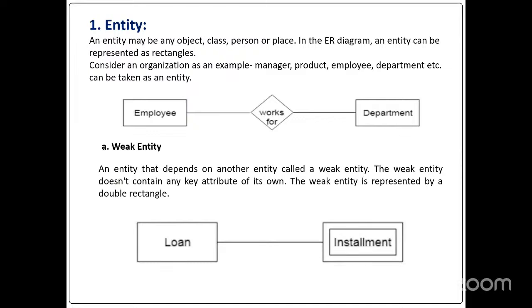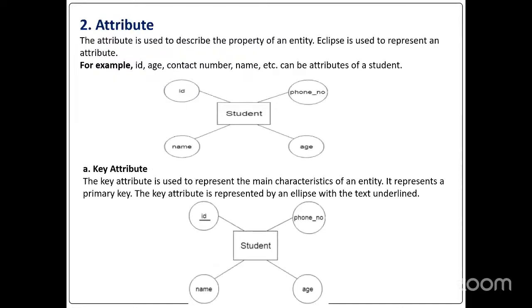Weak entity is one which is dependent on another entity, and it doesn't contain any key attribute on its own. The weak entity is represented by a double rectangle.